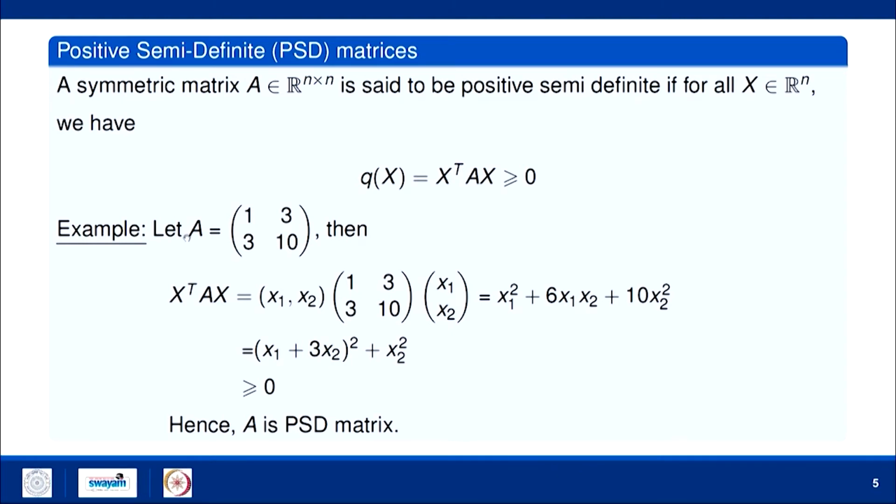So, for example, see this particular example. Here A is 1 3, 3 10.